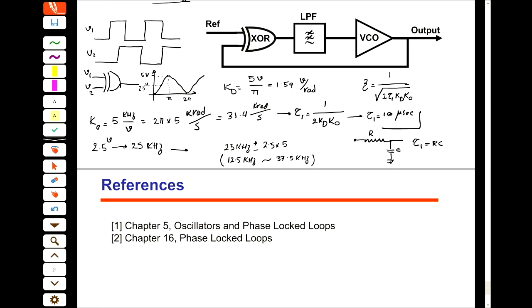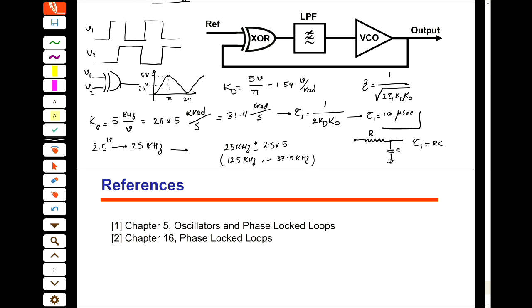So it can lock in the range of 12.5 kilohertz to 37.5 kilohertz. So this is the lock range of the VCO. 25 kilohertz is the center frequency, so it is in the middle, and we can lock 2.5 volt down, 2.5 volt up.